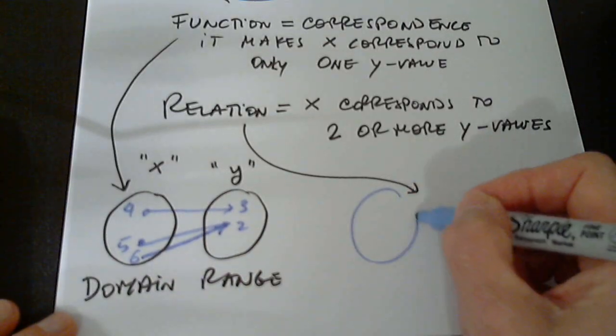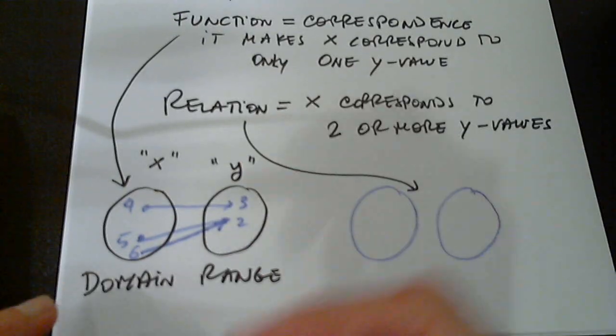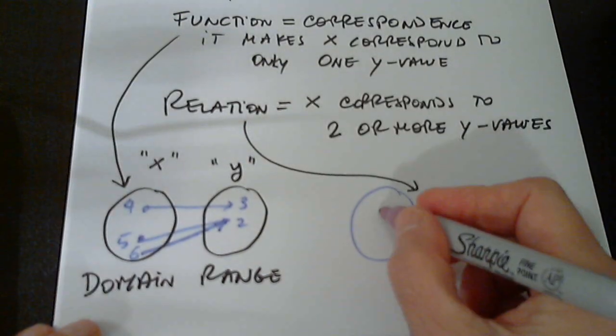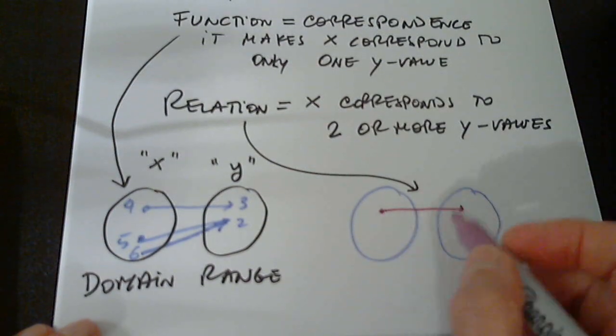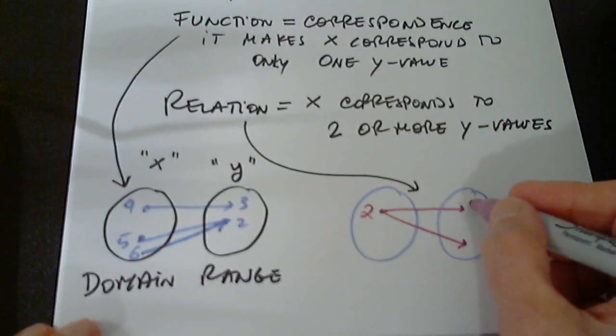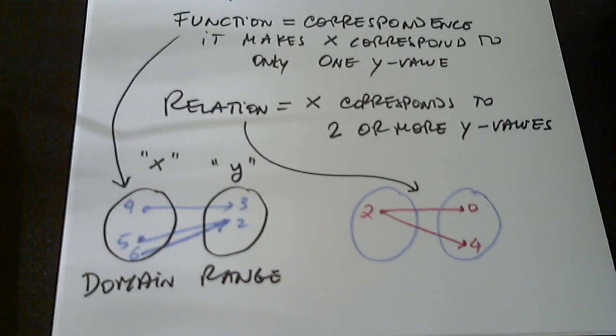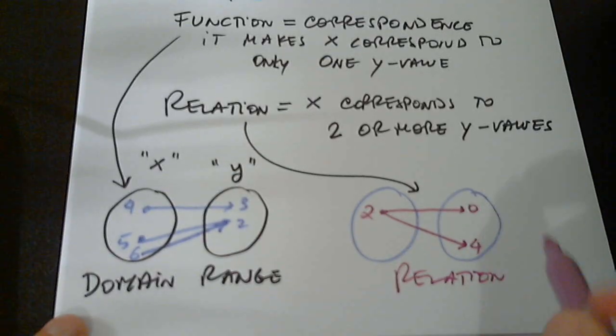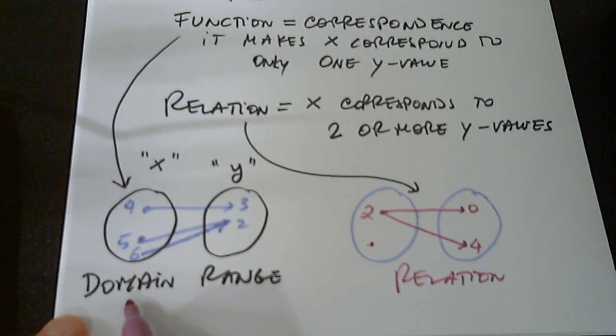But this one is not a function. It's sufficient to show that one x value corresponds, let's say 2 corresponds to 0 and 4. So this is a relation. This set is also called domain. This set is also called range, but they are the domain and range of a relation, not a function.